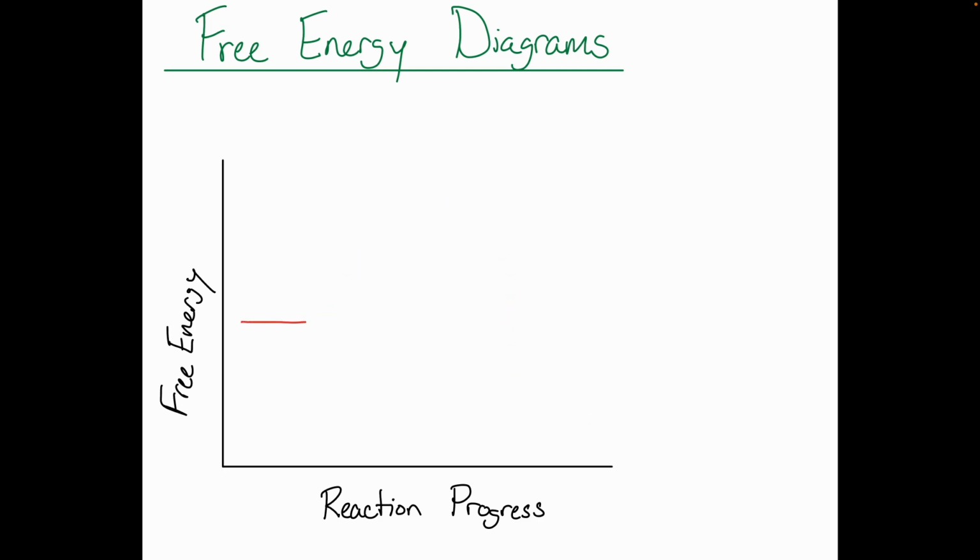Okay, so these are these little curves that look something like this. All right, we always start out flat over here before any reaction has progressed. And then there's this little hump in the middle, and then they flatten back out at the end here. Over here on the left-hand side, this is the starting energy of my reactants.